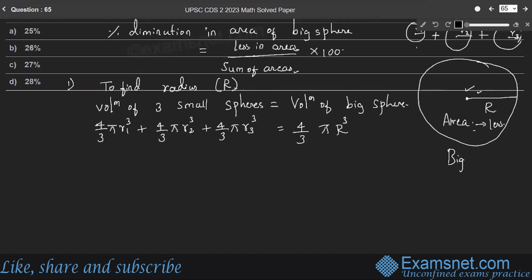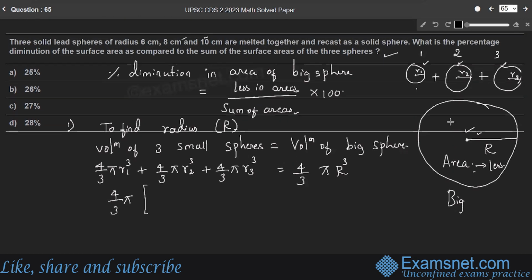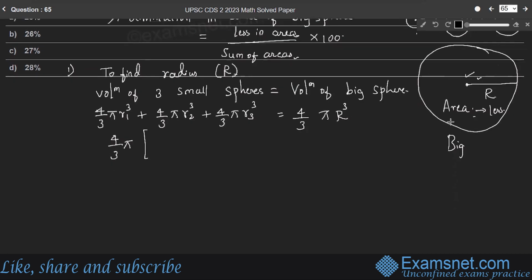Here 4 by 3 pi is common, and we have R1 cube plus R2 cube plus R3 cube, where R1, R2, R3 are the three radii, 6, 8 and 10. Therefore 6 cube plus 8 cube plus 10 cube is equal to 4 by 3 pi into capital R cube. We can cancel 4 by 3 pi on both sides.